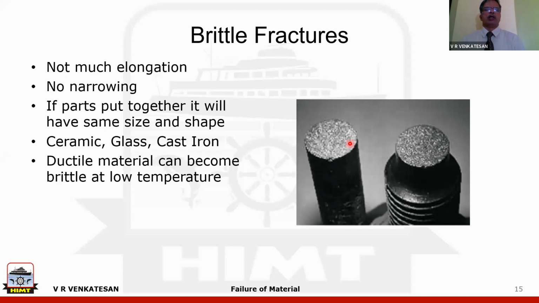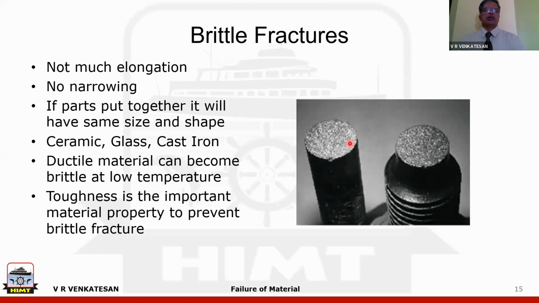So that is why, depending on the application, you will have to have material which can withstand low temperature. For shipboard, liquefied gas tankers, especially LNG tankers, and a few other refrigerated gas tankers, they give the best example, because of the low temperature of the cargo, you need to select material which will not become brittle. Otherwise, they will not be able to withstand any impact.